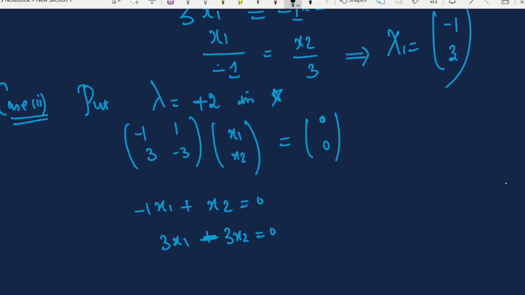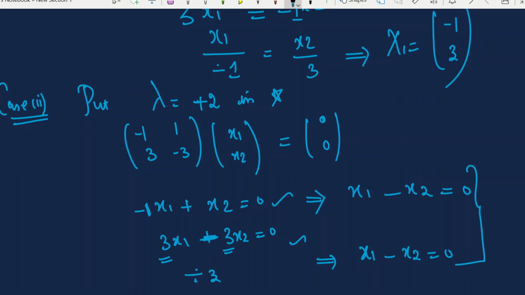So ensure whether both the equations are the same or not. How can we ensure equations are the same? Here minus 1 appears first, so multiply the entire equation by negative 1. What will happen? x1 minus x2 is equal to 0. Here, 3 is the common divisor, so divide this equation by 3. What will happen now? x1 minus x2 equals 0.